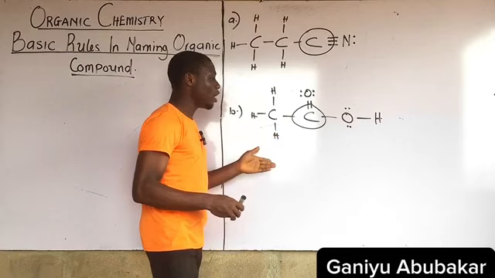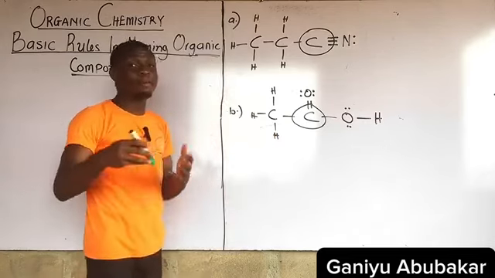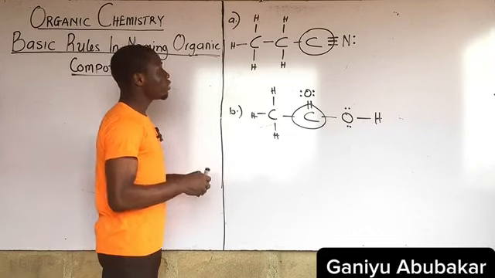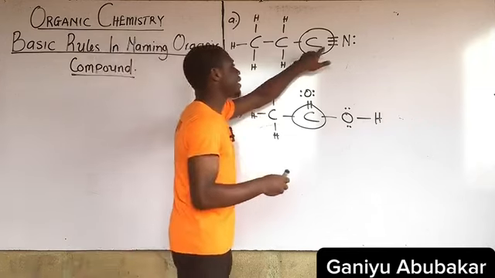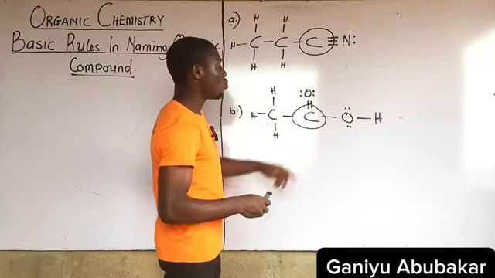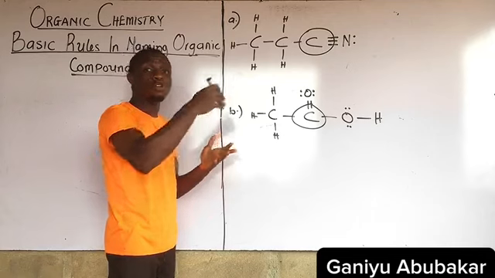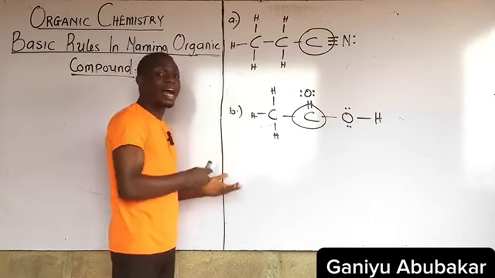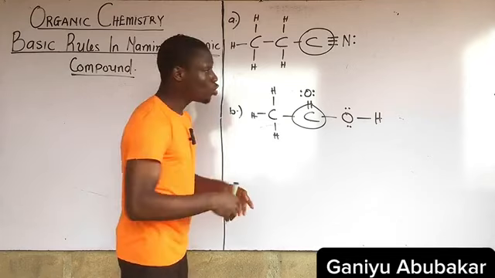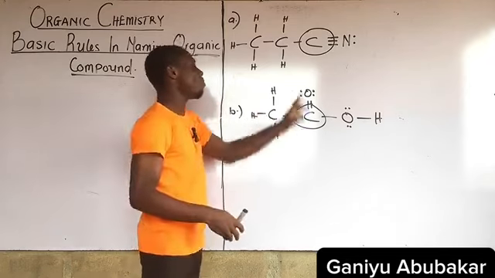For this question, we are told to find the total number of sigma bonds and pi bonds, and also tell the hybridization pattern of the highlighted carbon. What we know is that alkanes are sp3 hybridized, alkenes are sp2 hybridized, and alkynes are sp hybridized.